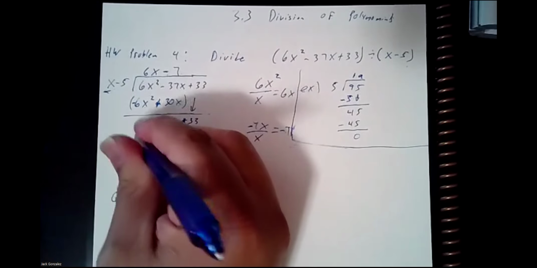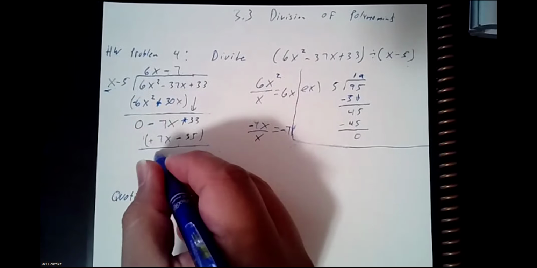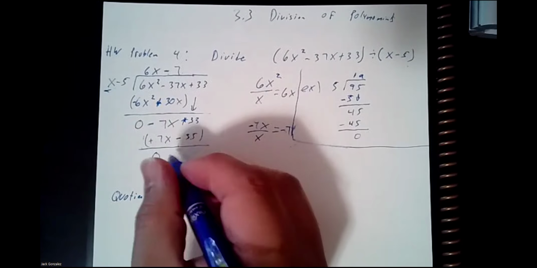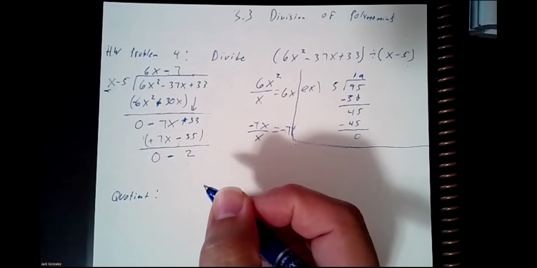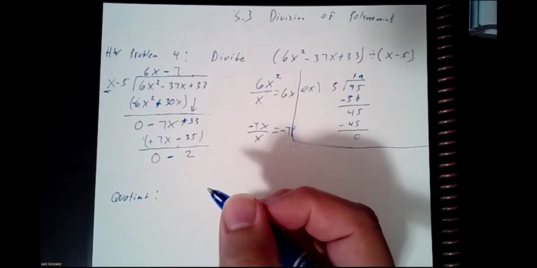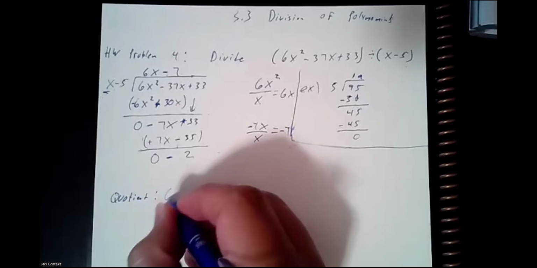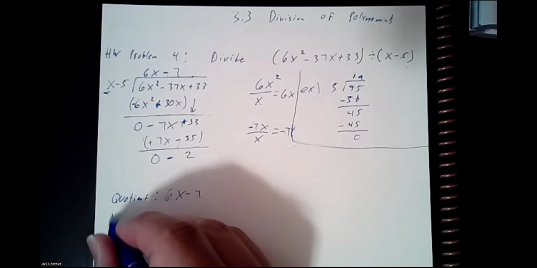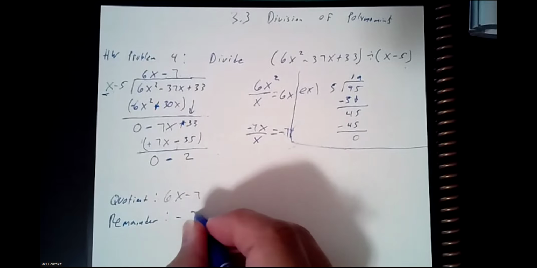That becomes plus, that becomes minus. So swap done. So negative 7 plus 7 is 0, which is what we need. 33 minus 35 is a negative 2. So remainder, negative 2. So quotient is 6x minus 7. Remainder is negative 2.